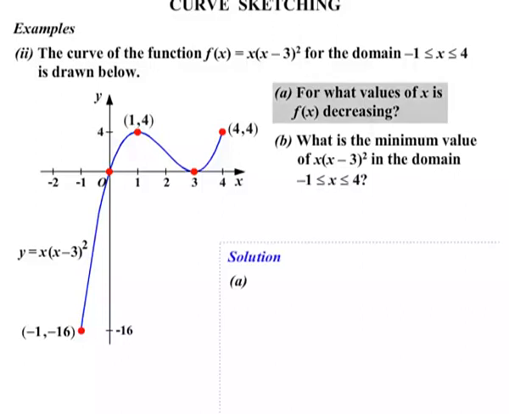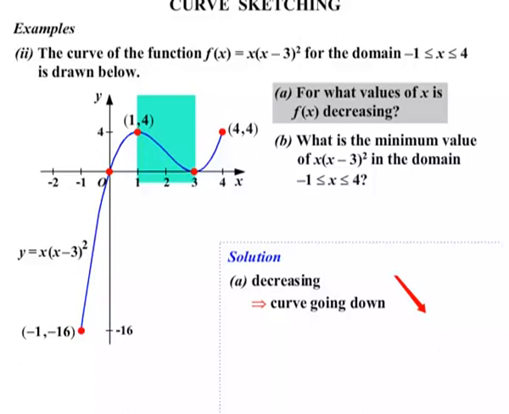Well, the solution, firstly, part A. For what values of x is f of x decreasing? Well, when it's decreasing, that means the curve is going down. So looking at our graph, we can see that area I've highlighted there from left to right. When we talk about the curve going down, it's always from left to right.